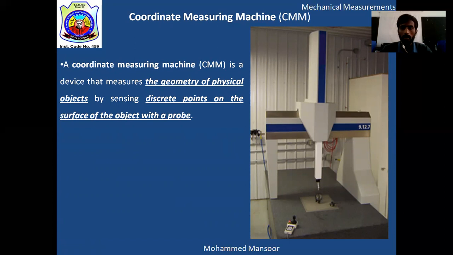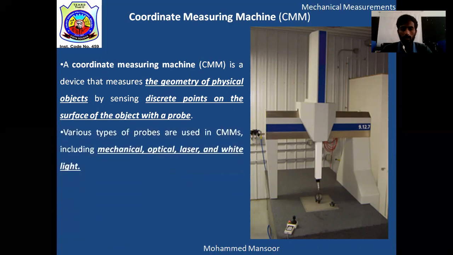How does the CMM measure? It measures by creating discrete points on the surface of an object with the help of a probe. The various types of probes are mechanical, optical, laser, or even white light.